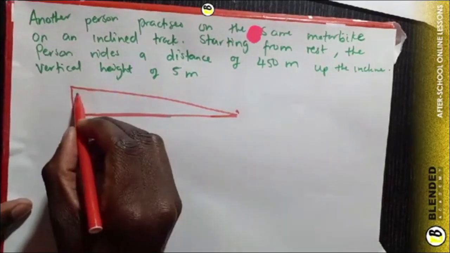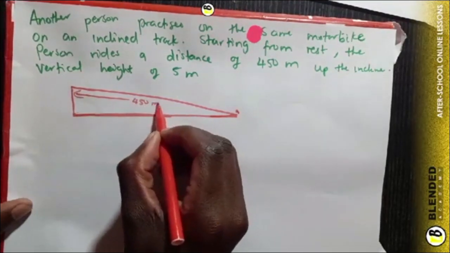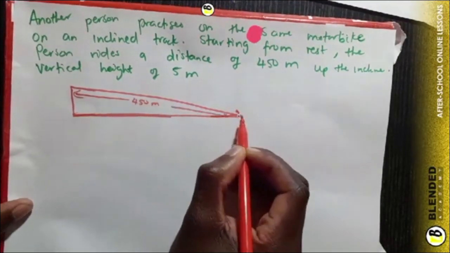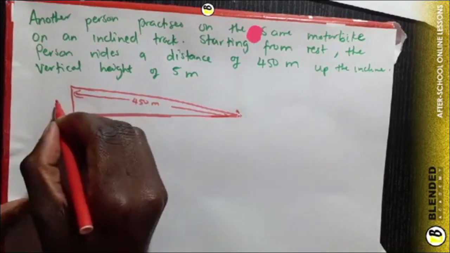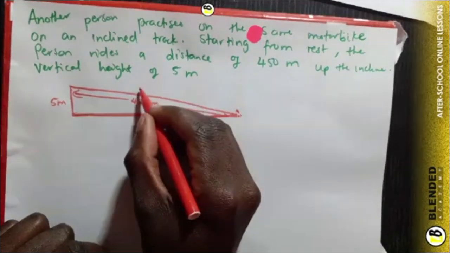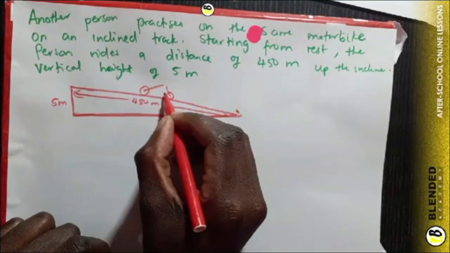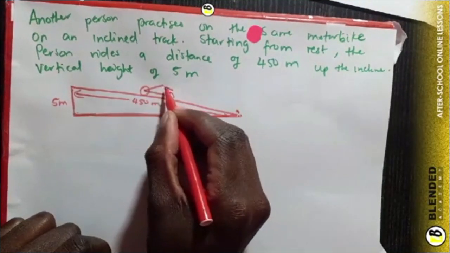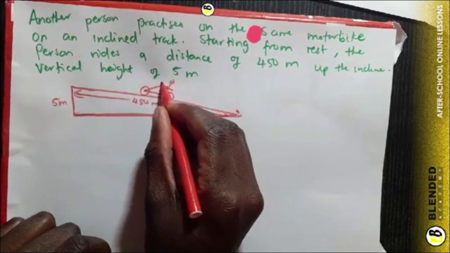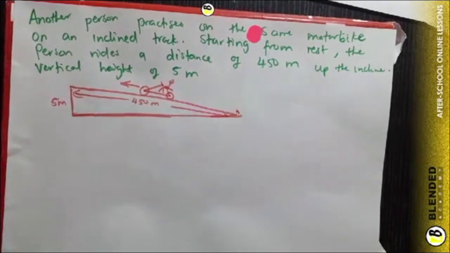The incline is 450 meters long, from his starting position at the bottom. The height is given as 5 meters. We also have the bike and the guy riding it up the incline, applying a force in that direction, moving in that direction.